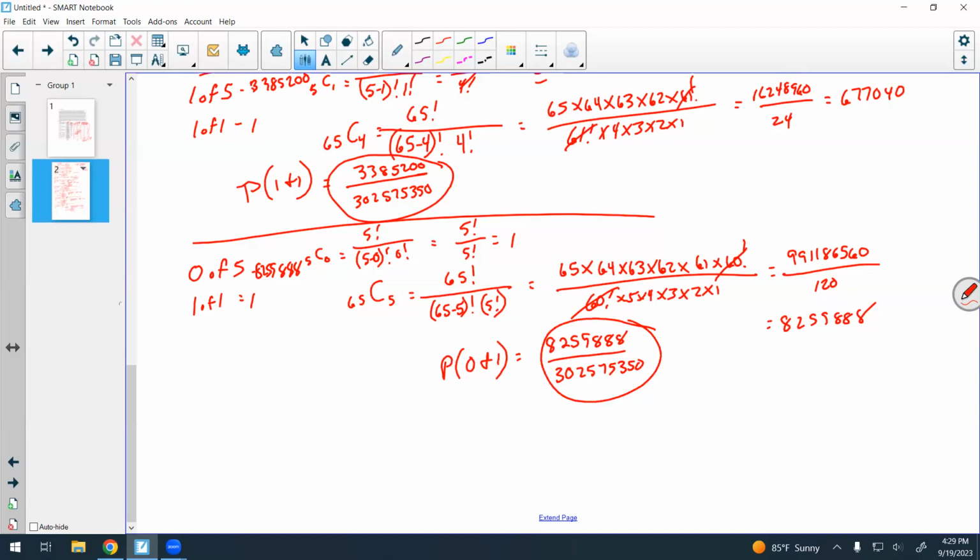So that's all the winning combinations. What did we forget? Anybody? We need one more thing, don't we? Losing combinations. Very good, Addison. Now, we can do this two ways. We can do some more combinations, or we can cheat.